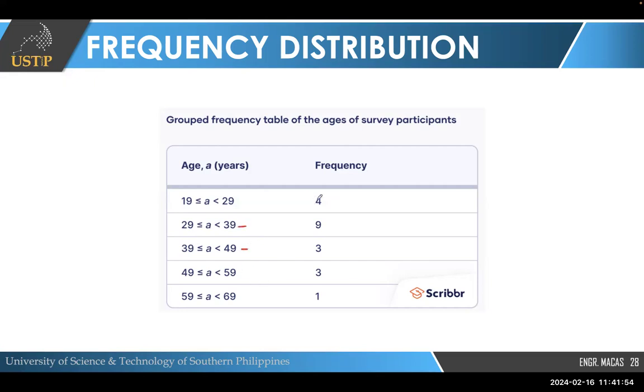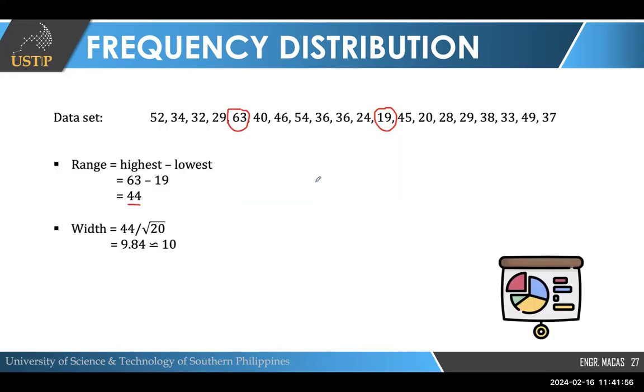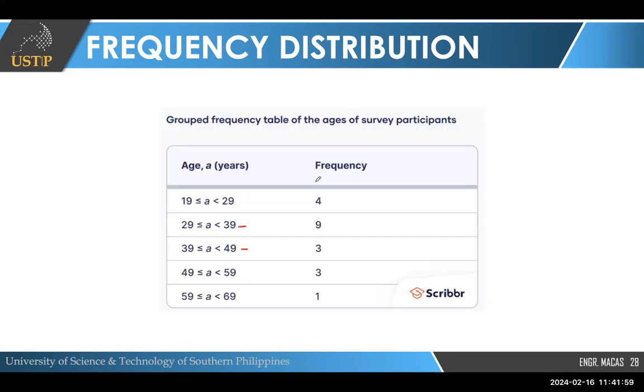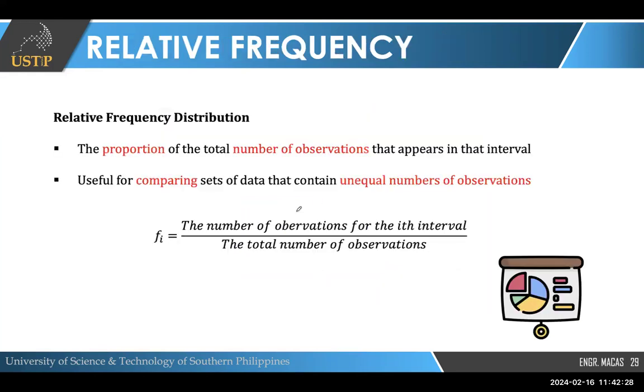Then count how many fall within each interval. The first interval has 4, the second has 9. So this interval has the maximum number of respondents in this age range. It's very useful to have a frequency table. So that's one way of making a grouped frequency table. Now let's go to relative frequency distribution.